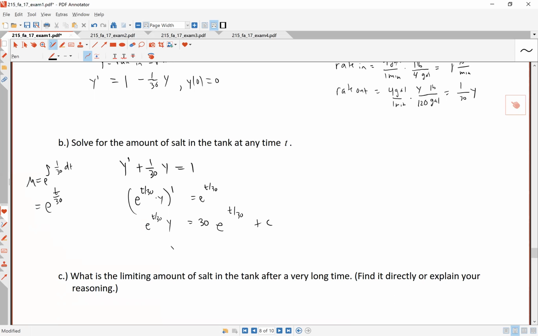Multiply both sides by e to the negative t over 30, and we get 30 plus c e to the negative t over 30. And now we know that y of 0 needs to be 0. So that's 30 plus c must be 0, or c is negative 30. y of t is 30 minus 30 e to the negative t over 30.